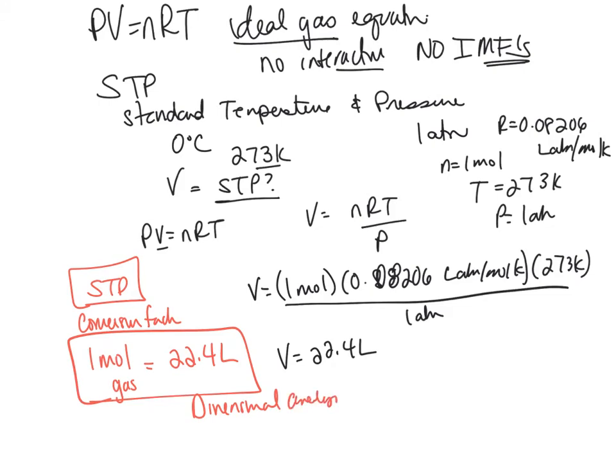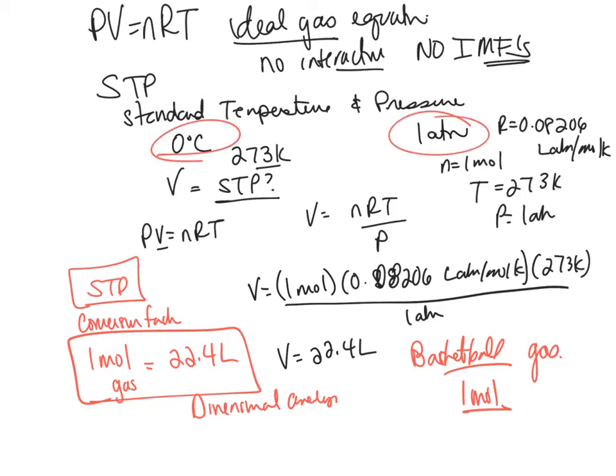I will also say, what is the size of 22.4 liters? It's the size of a basketball. So it's a basketball full of gas. And that's 1 mole. So 1 mole of ideal gas at 0 degrees Celsius and 1 atmosphere is going to occupy the volume of a basketball.